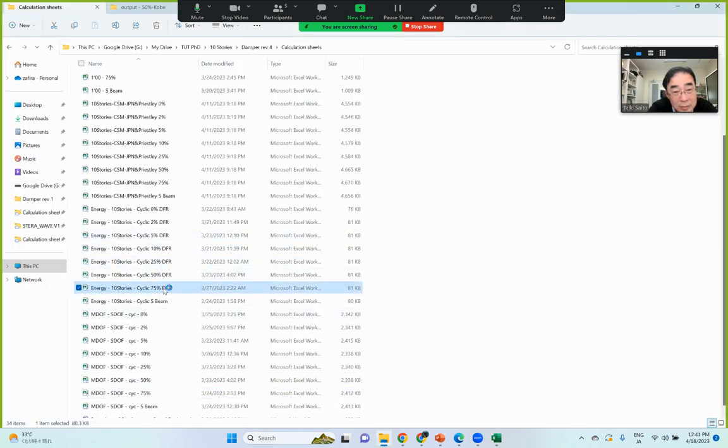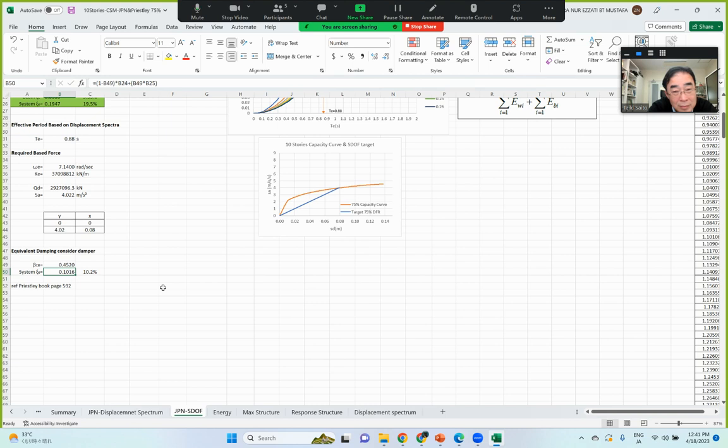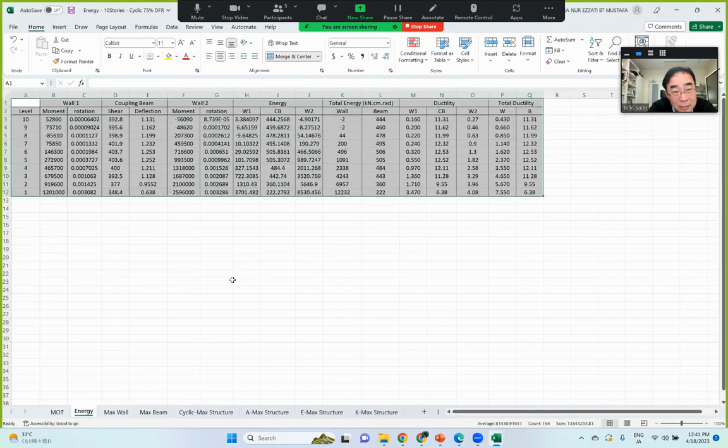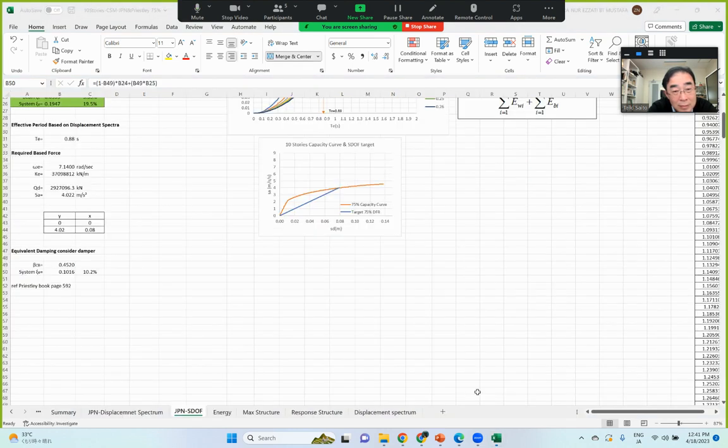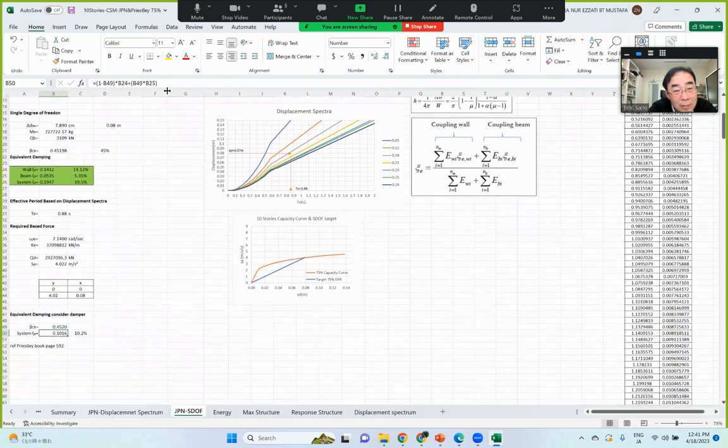So from here, energy. Okay, the overturning moment here. For example, this is 45%. So if I input 45% here, this damping is about 10%.